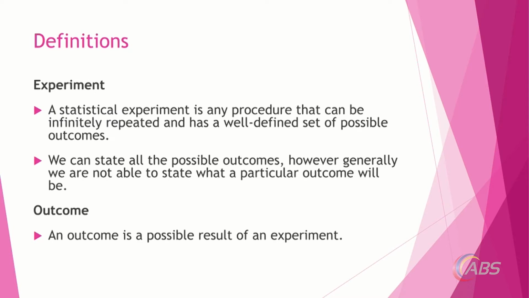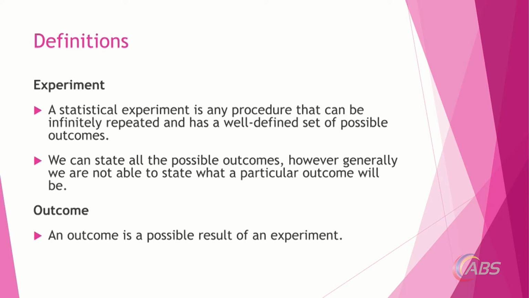For example, if we toss a die, the outcomes would be 1, 2, 3, 4, 5, or 6. If we toss a die once, I'm not able to state what the value is going to be. I can state the list of possible outcomes, but not specifically what that value would be when I toss a die once.